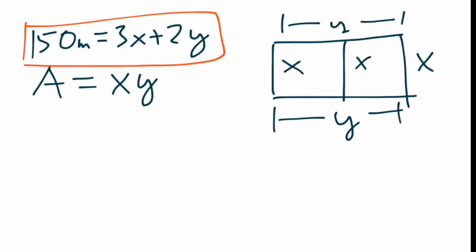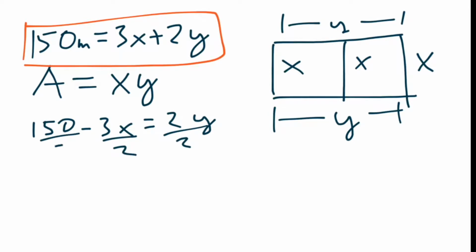I'm going to solve for y and then substitute in for y. To solve for y, I'd subtract 3x from both sides. So I'd have 150 minus 3x equals 2y. Then divide everything by 2, and you get that 75 minus 3x over 2 equals y.